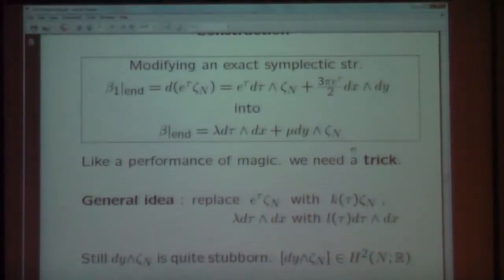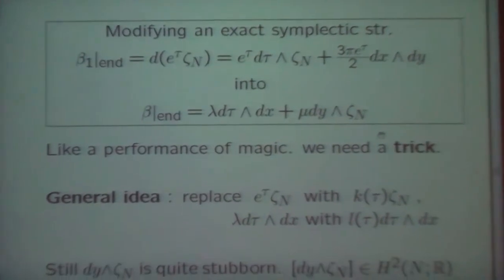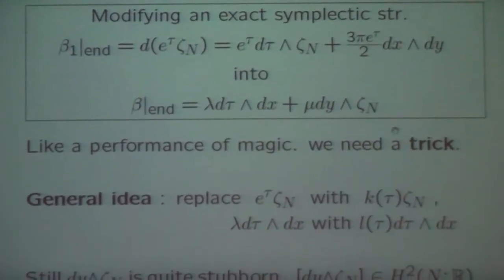Starting from the upper one, we have to construct some symplectic structure which restricts to the lower one on its end, right?